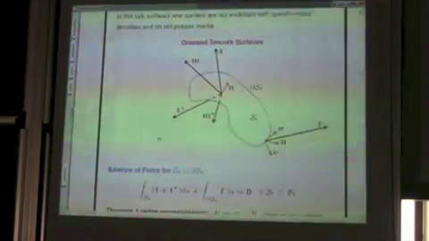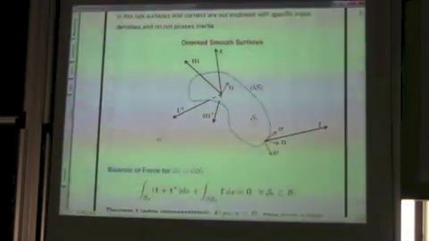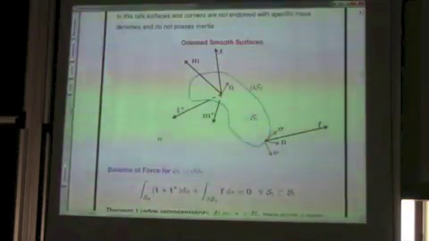So the balance of force is the balance of linear momentum, in that case, for the surface. And the balance of force for that surface is simply the integral of the sum of the tractions that are acting on each side over the area, plus this edge force around the outer boundary of it, summed up, equals 0.